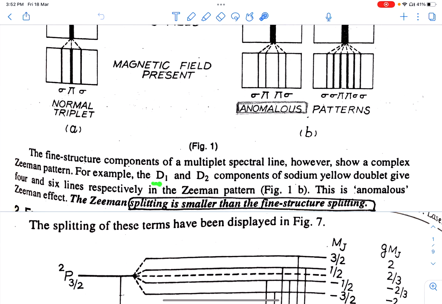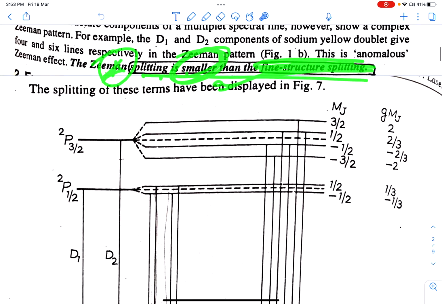For example, the D1 and D2 components of the sodium yellow doublet give 4 and 6 lines respectively. This is called anomalous, and the Zeeman splitting is smaller than the fine structure splitting. This is a very important keyword.